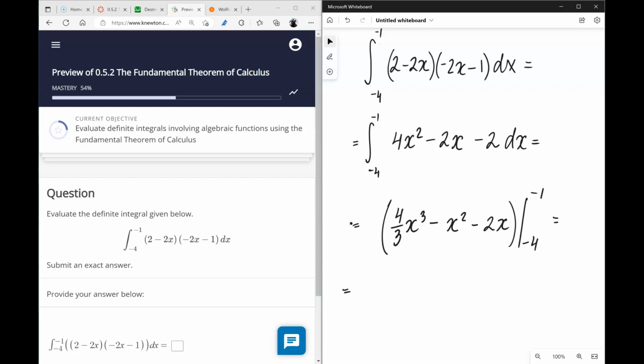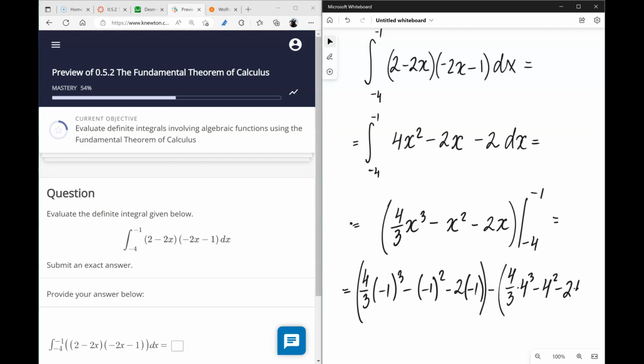So we plug in -1 and then subtract the same, but evaluate it at 4. So 4/3 times 4 cubed minus 4 squared minus 2 times 4.